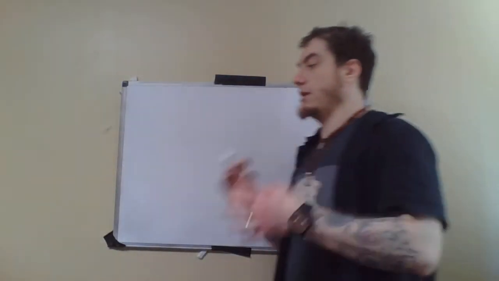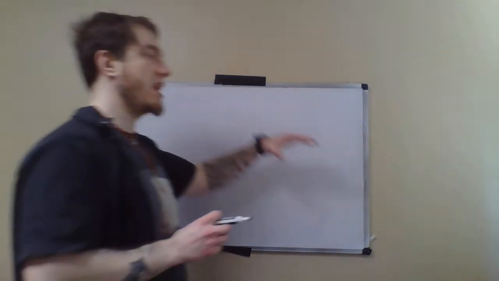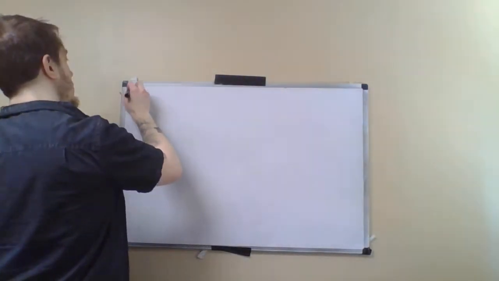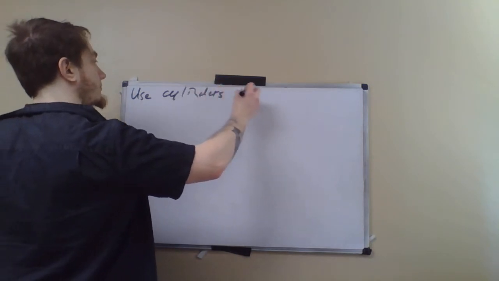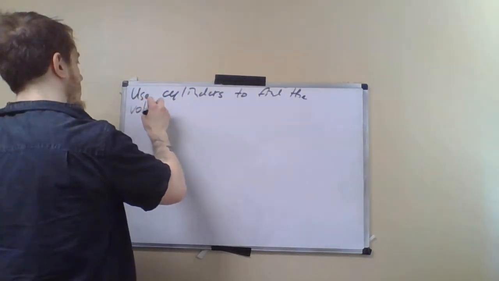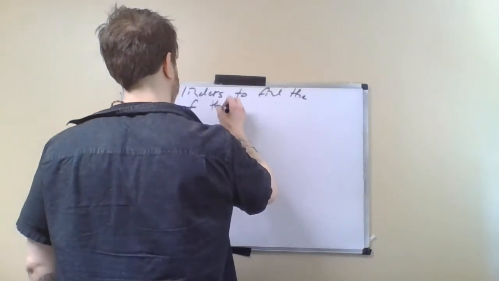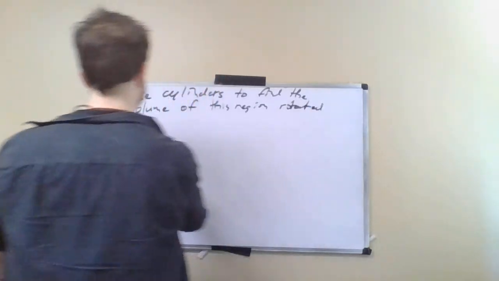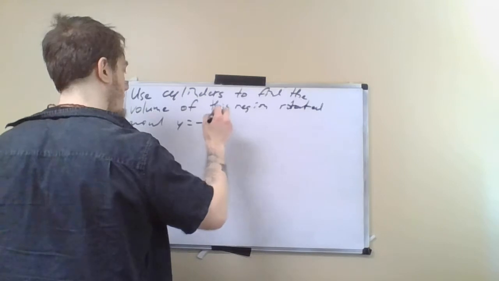Now, again, we can do the cylindrical method with things that are being rotated around any line that we want to. So, for example, if I wanted to use cylinders to find the volume of this region rotated around y equals -2.